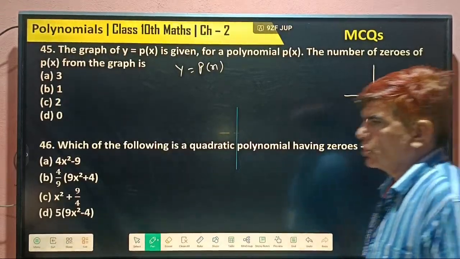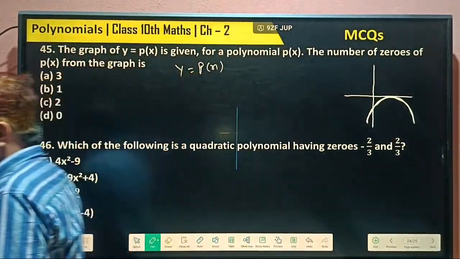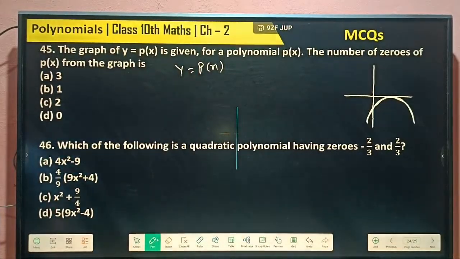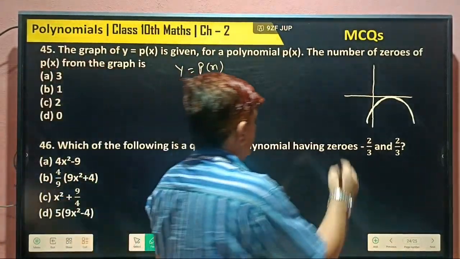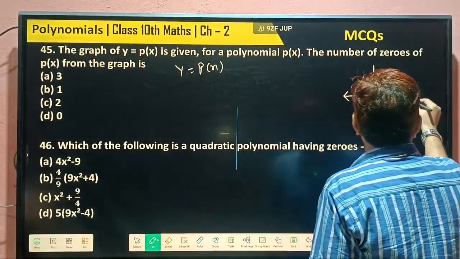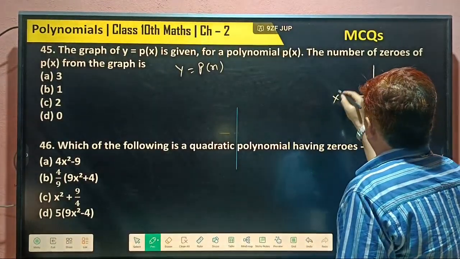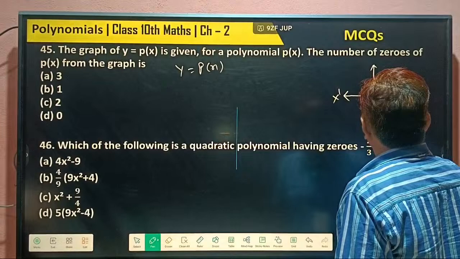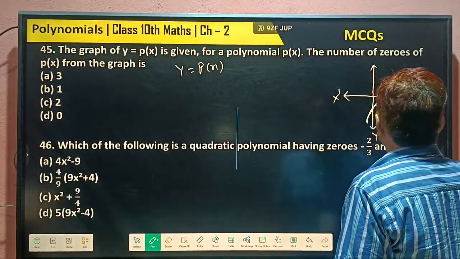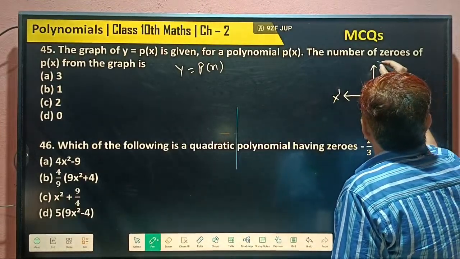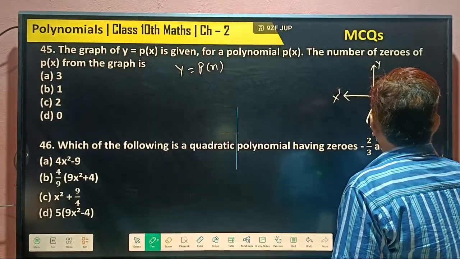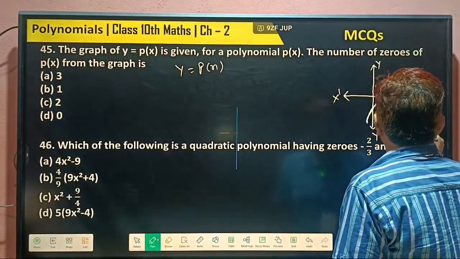Understood? So it's touching, what's touching? This, you know, this is x-axis. And this, you know, this is what? Y-axis. And this is given y equal to px.